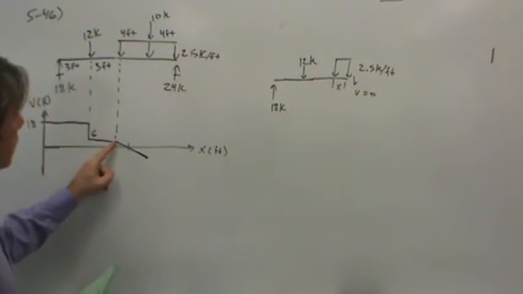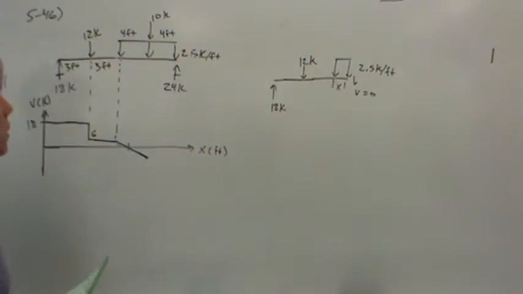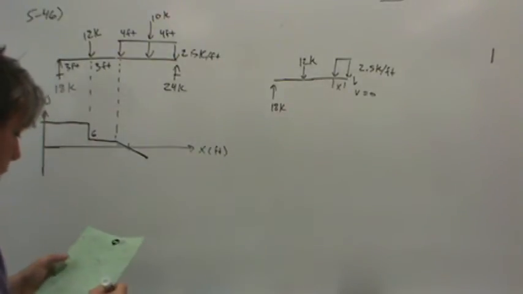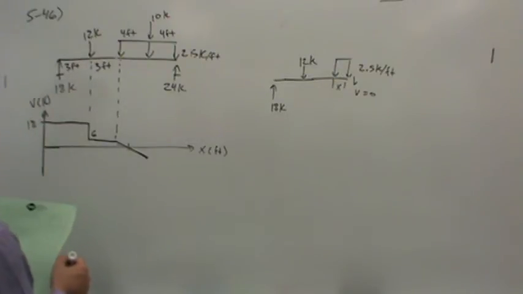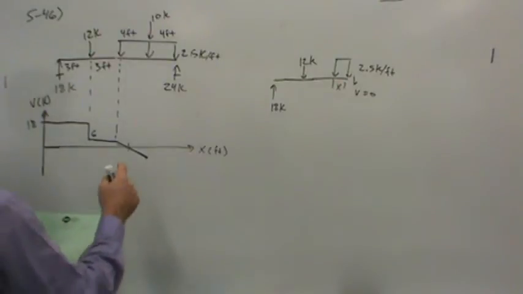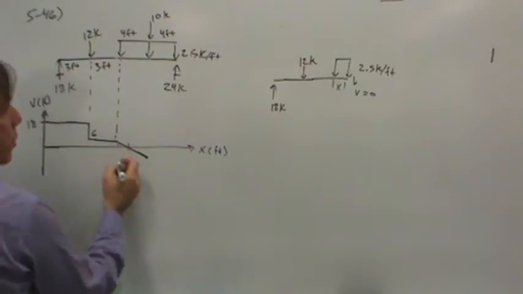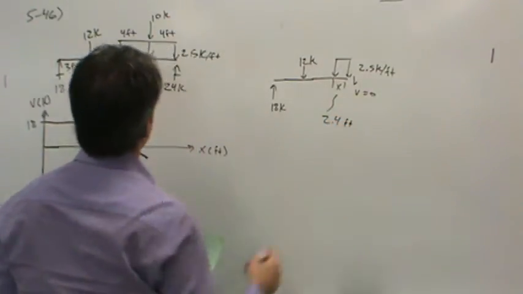We need to eliminate 6 kips worth. How many feet at 2.5 kips per foot does it take to eliminate 6 kips? Well, if you plug it into your calculator, what you'll find is that you only need 2.4 feet. If you multiply 2.4 by 2.5, you'll find the answer is 6. So this distance, x, is 2.4 feet.